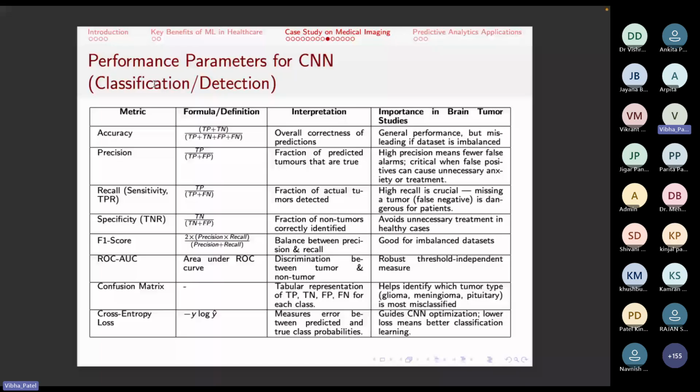It may be misleading at times, and it is likely to give a misleading result when the data is imbalanced. So let's say my model has been trained with data wherein almost 800 to 900 samples are non-cancerous.